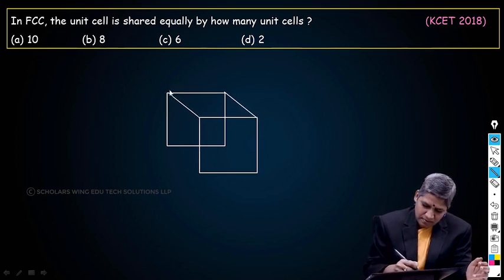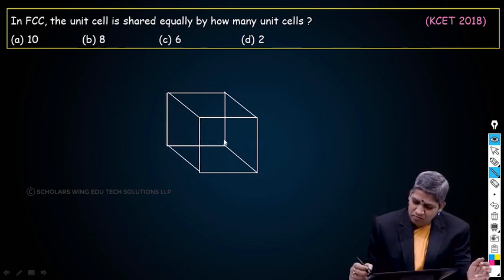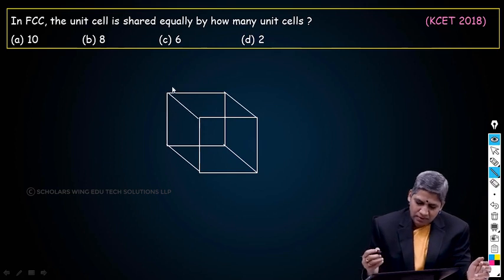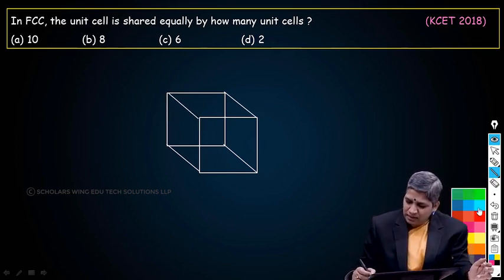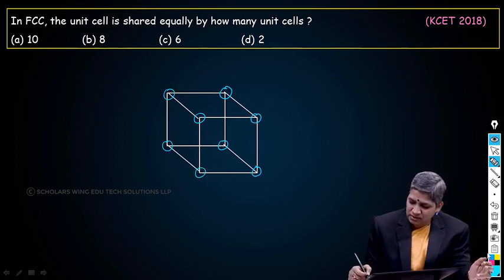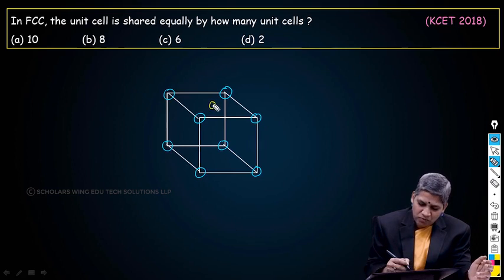In FCC you have atoms at corners, like this. Also at the face centers in this way: top face, bottom face, these two side faces, back face and the front face.